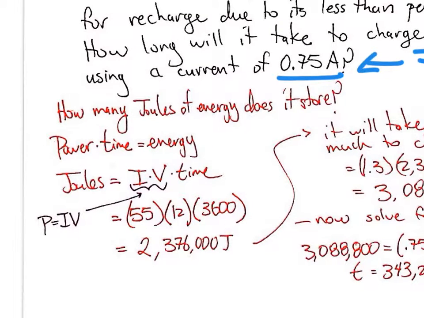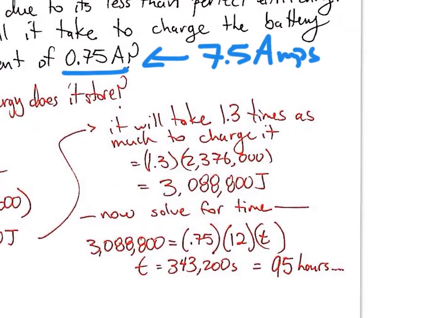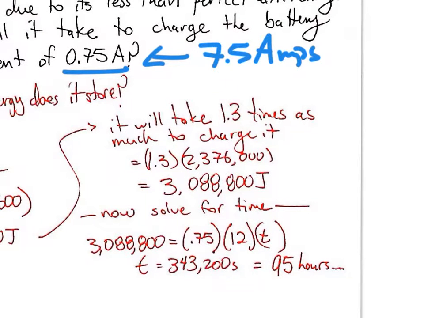So multiplying all together, we get a whole bunch of joules, and this is how much energy the battery stores. Second, we know it will take 1.3 times as much energy to charge it, because some energy is lost due to heat loss.